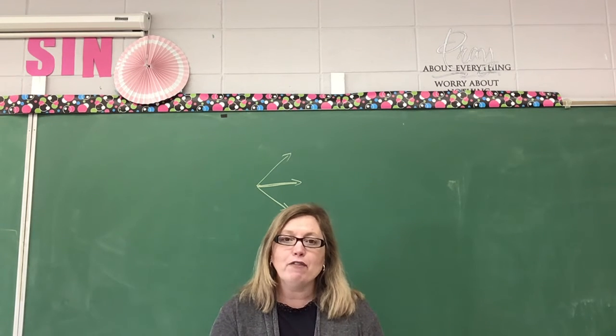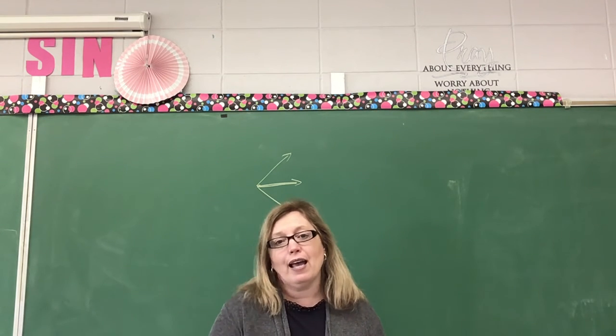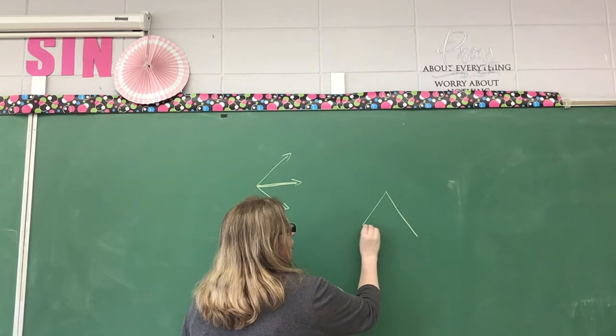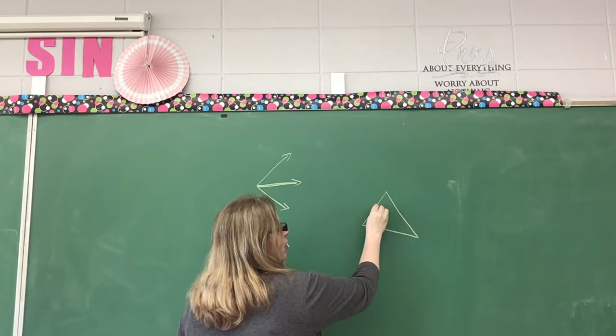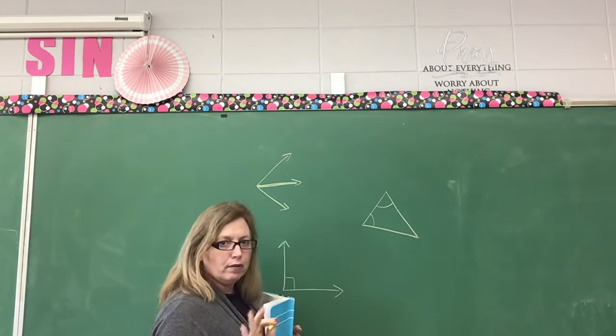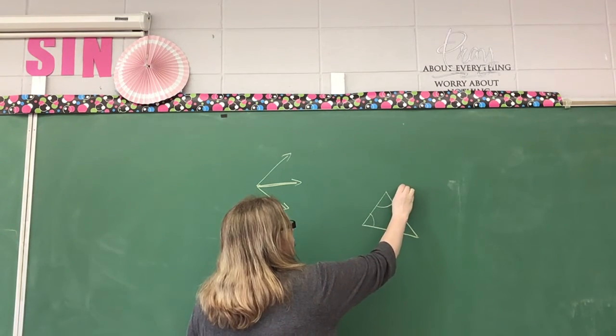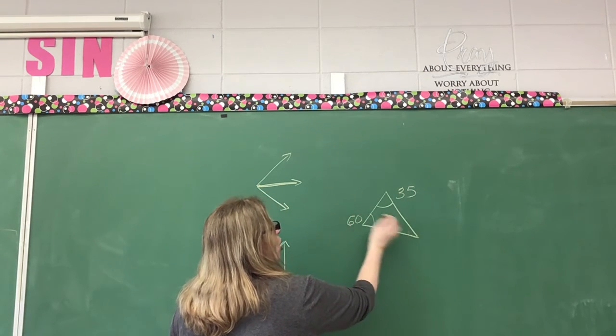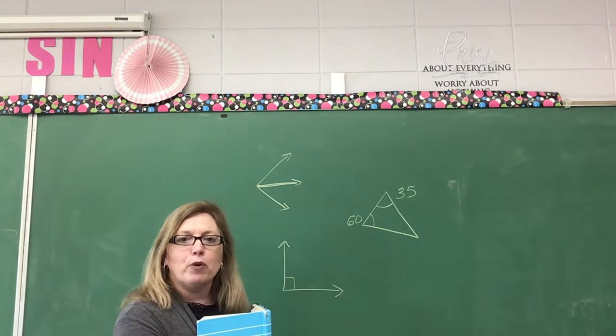Now, if I give you a triangle and I give you the measurements of 2 angles. Let's say I give you this angle and this angle. These are not correct, okay? But let's say that this one is 35 and this one is 60. What is that angle? How are you going to know?